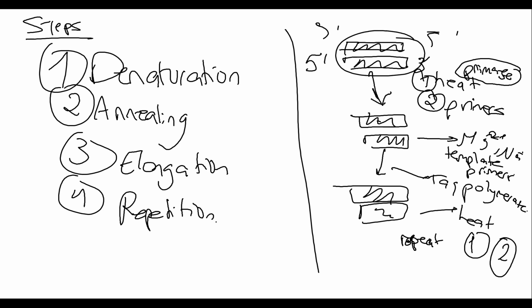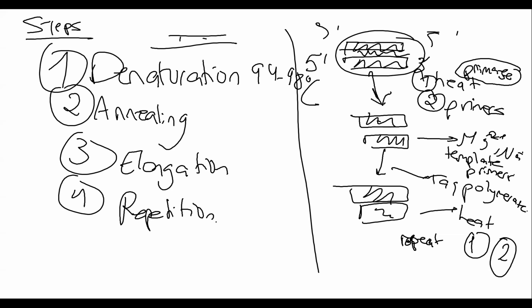Okay, let's speak more about the process. How does it happen? Each step of them. So denaturation. The double-stranded DNA is heated around 94, this to memorize, 94 to 98 degrees Celsius to break down the hydrogen bonds between the bases, resulting in two single strands of DNA. So this double-stranded, we heat it to break down the hydrogen bonds.